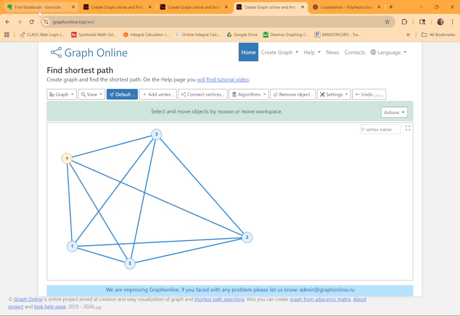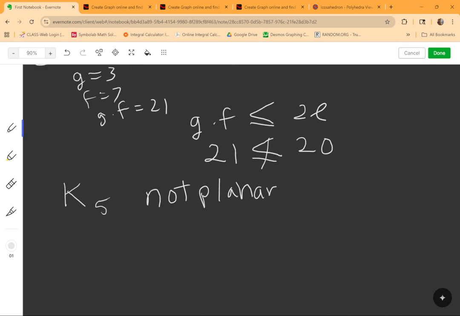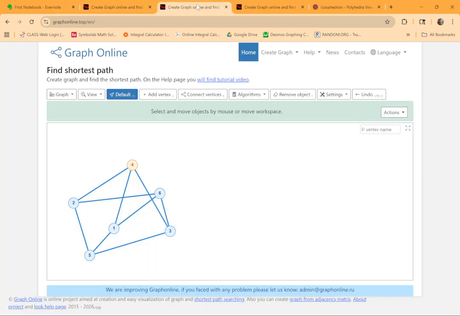Okay. All right, let's do one more example here. Let's take a look at the graph K3,3. We're looking here at a bipartite graph.